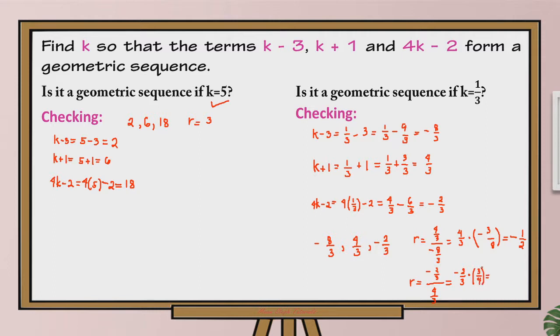Okay, kaya this will be divided. And then we have negative 2/4, that is still equal to negative 1/2. Kaya, nakikita naman natin, okay, consistent naman na yung ating common ratio. Therefore, this means na yung answer natin na k equals 1/3 ay tama.